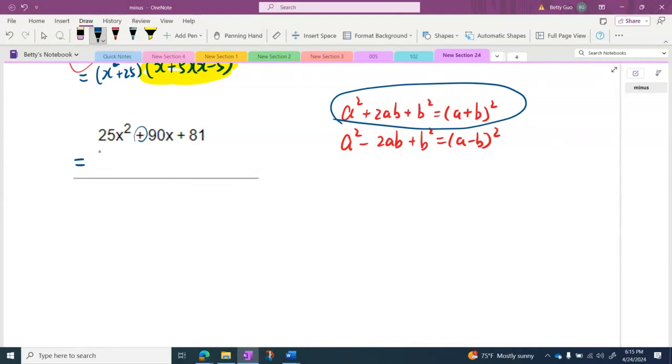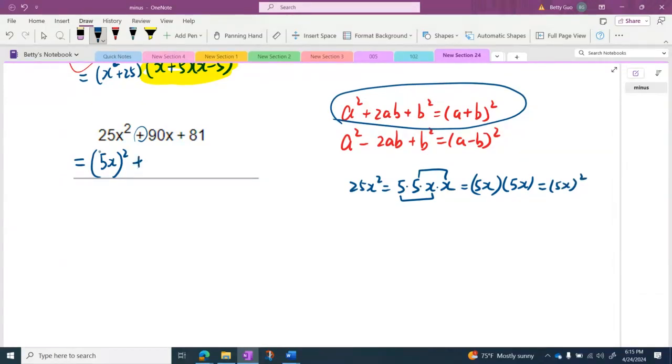And the first term, 25x squared, is 5x to the power of 2. Okay, 25x squared, 25 is 5 times 5. X squared is x times x. I put this 5x together and those 5x together, and I have 5x to the power of 2. And then plus 81, and 81 is 9 squared.